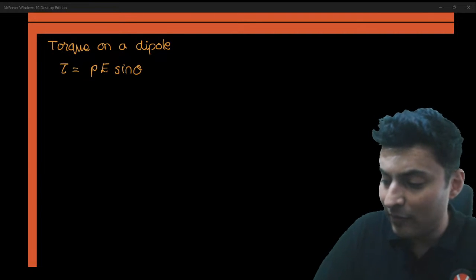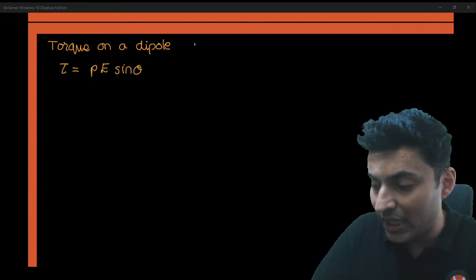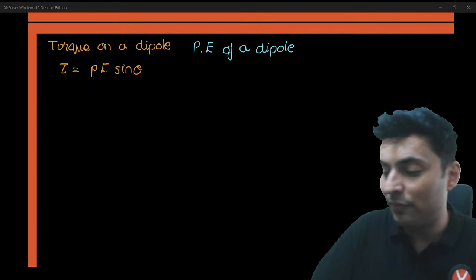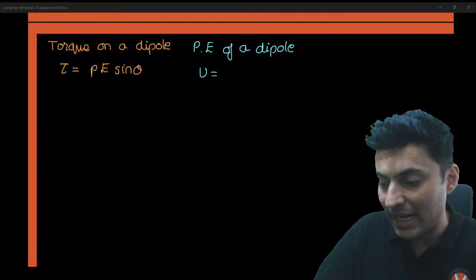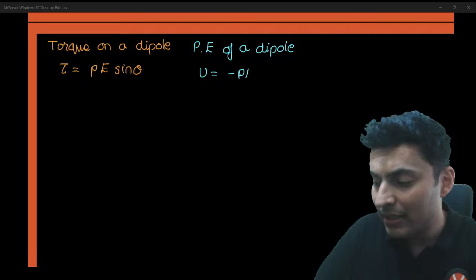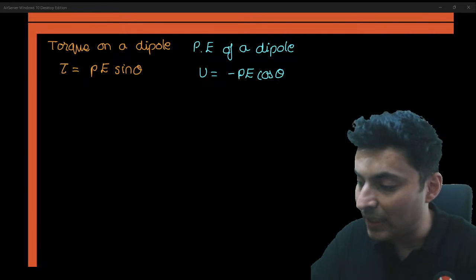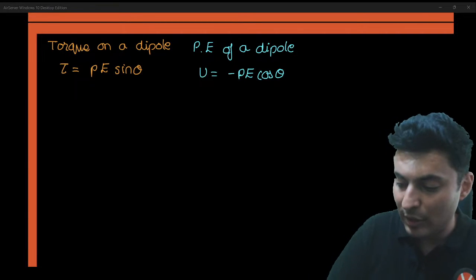Another graph you might be asked is the potential energy of a dipole. The formula for that is minus PE cos theta. So how do these graphs look?